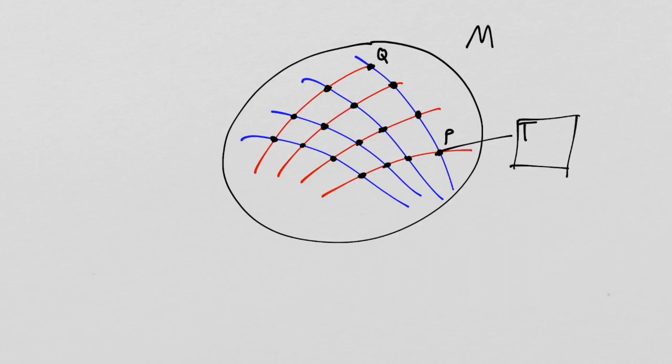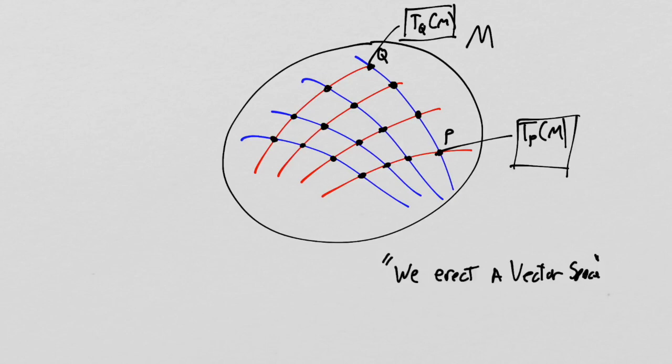And we call that vector space T_P of M, the tangent space at the point P of M. And at the point Q we erect a vector space called the tangent space at the point Q of M. And that's fine, except that the language, when I say we do something, in this case we erect a vector space, it implies that I have a manifold and I've decided to create a vector space at every point. And the problem is I decided. When I say I decided, or we erect, right?